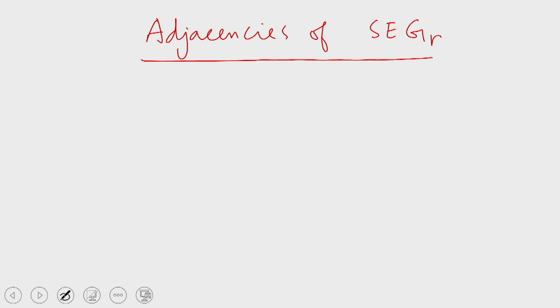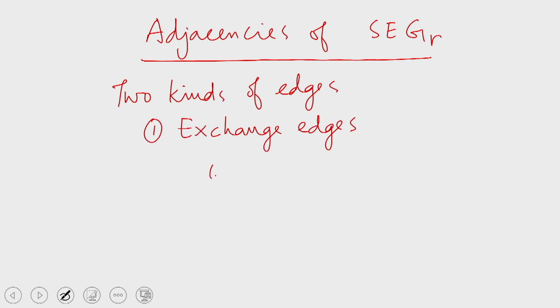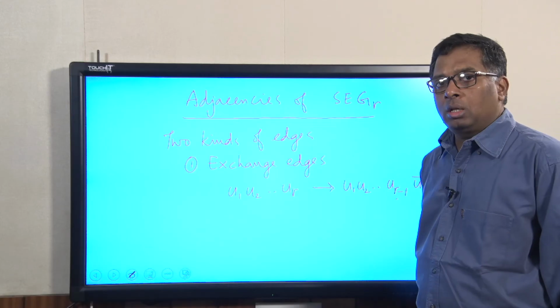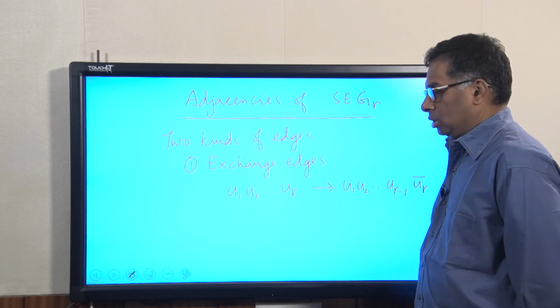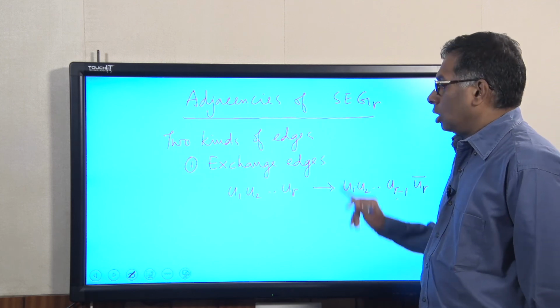There are 2 kinds of edges in a shuffle exchange graph. There are exchange edges, between a vertex of this form and a vertex of this form. That is, a vertex is adjacent to a vertex whose label is identical in every bit except the least significant one. So, if two nodes differ exactly in the least significant bit, then they would be adjacent using an edge called an exchange edge. The second kind of edge is called a shuffle edge.